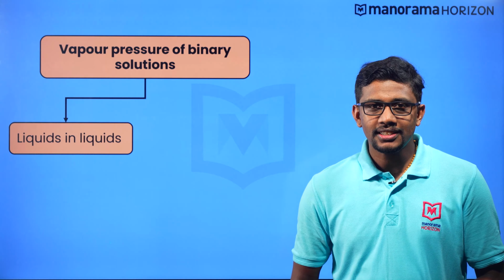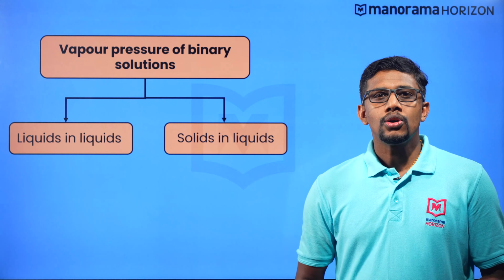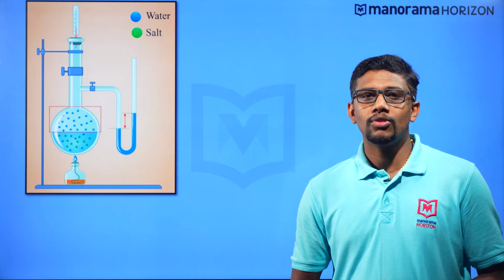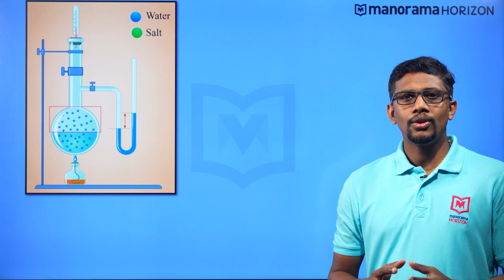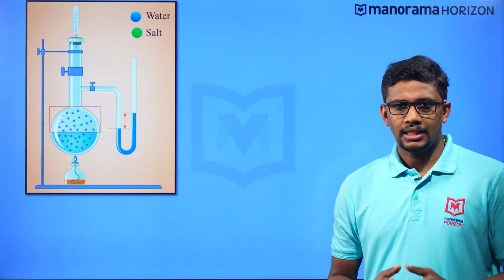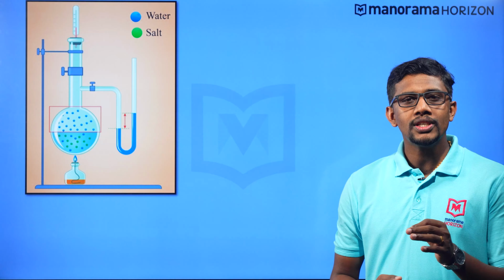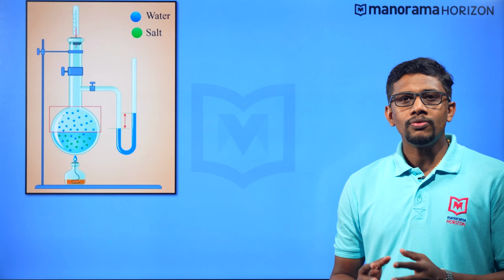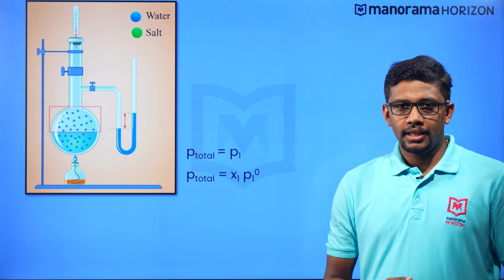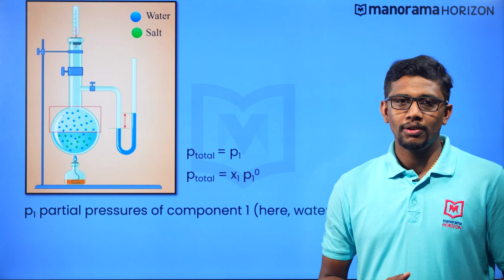Next, we will discuss the vapor pressure of binary solutions of solids in liquids, that is, Raoult's law for non-volatile solutes. Consider salt in water. Here, the non-volatile solute, salt, will not contribute to the vapor pressure. Thus, when a non-volatile solute is added to a solvent to give a solution, the vapor pressure of the solution is solely from the solvent, meaning P total is equal to P1 or P total is equal to x1 into P1⁰.